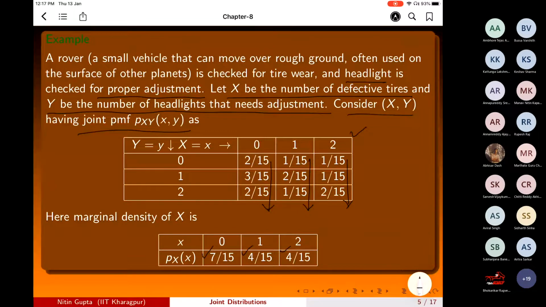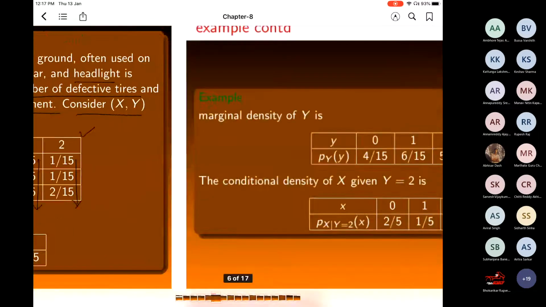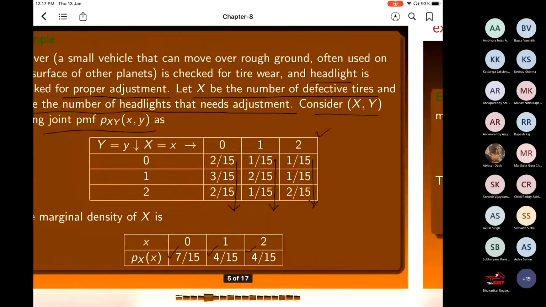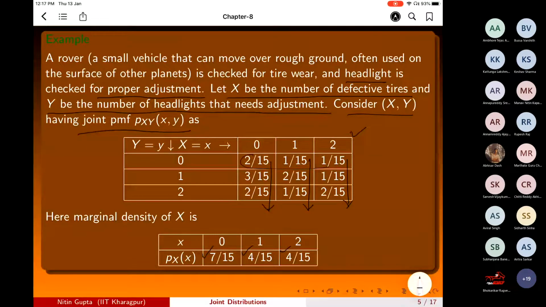So this is the marginal density of X. Now you can find the marginal density of Y also. So we will sum over these values: 4 by 15 corresponding to Y equals 0, then sum over these values, 6 by 15 corresponding to 1, and then 5 by 15 corresponding to 2.